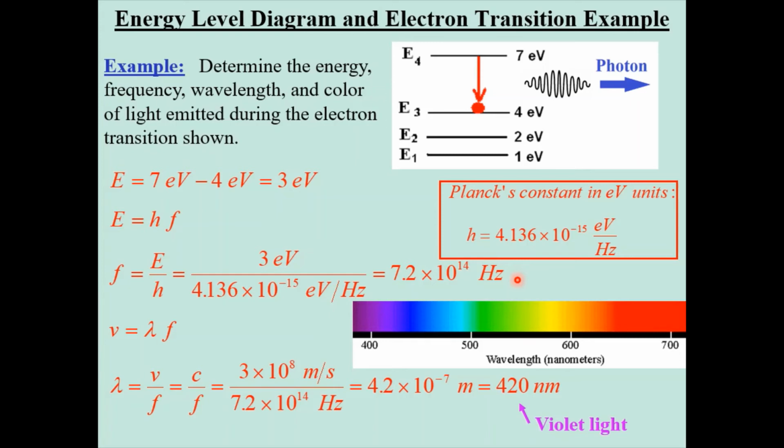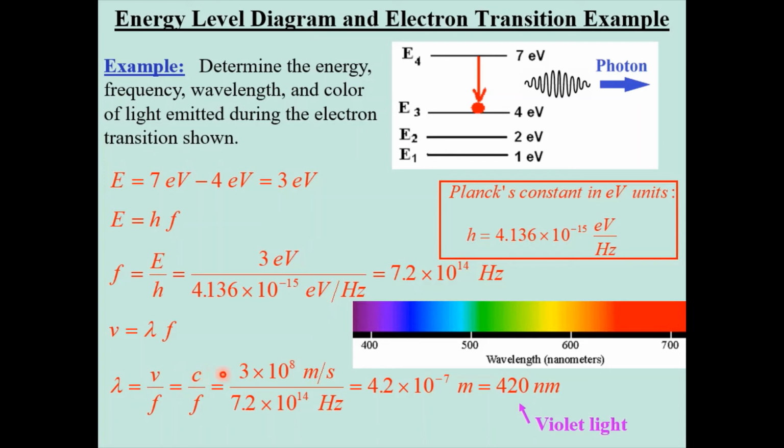Okay, so we've got the frequency. The next thing is to determine the wavelength of the light. For wavelength, remember that the speed of a wave, v, is equal to wavelength, lambda, times frequency, f. So let's solve this for lambda. Wavelength equals v over f. But remember, the speed of a photon is the speed of light, c, so I'm going to replace this v with a c.